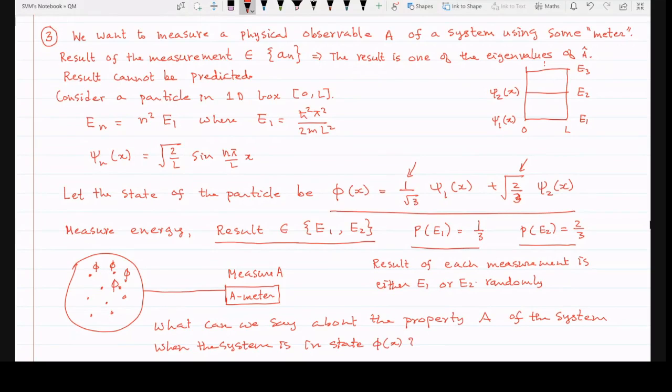And when you are measuring, you are getting different values. But what can we say about this property A?